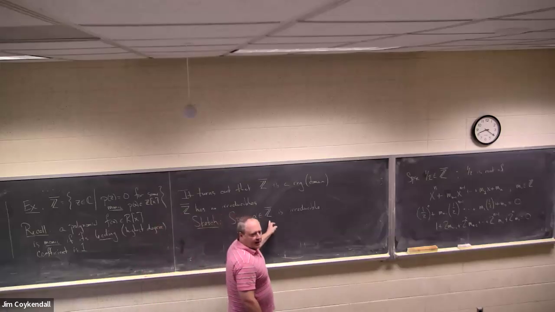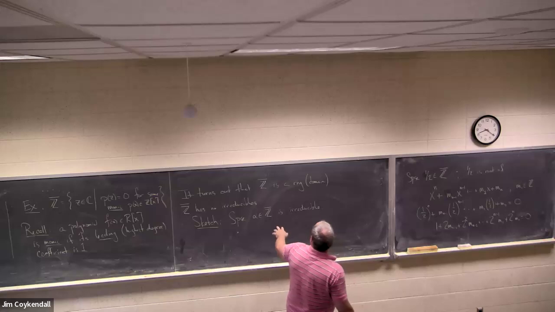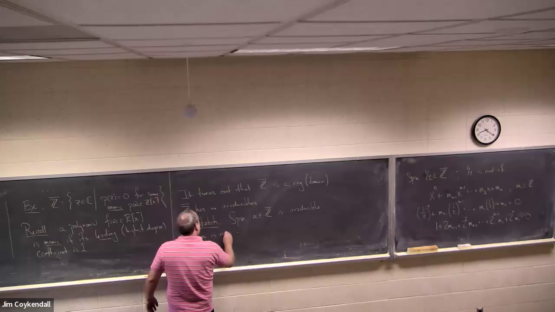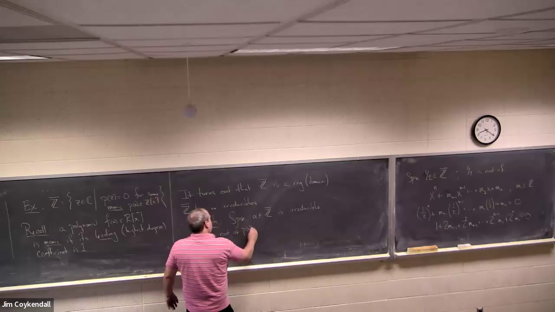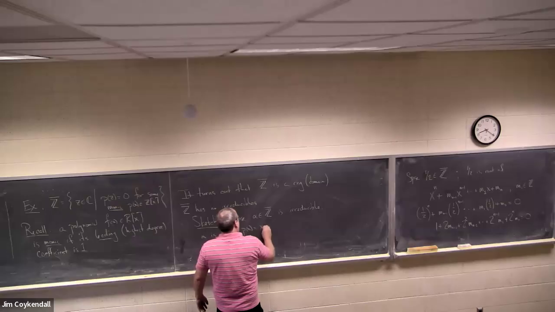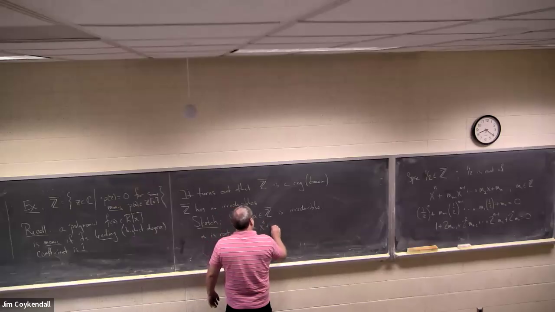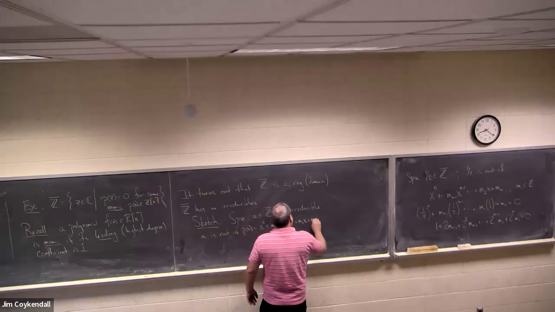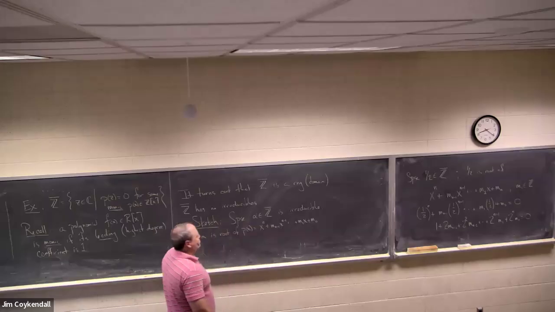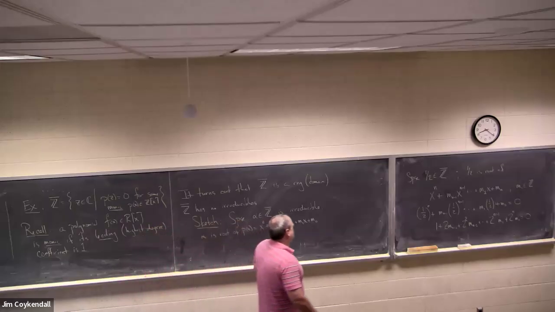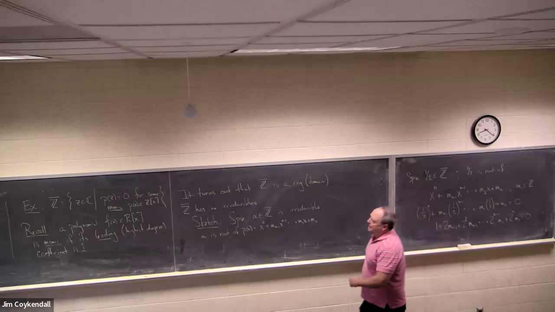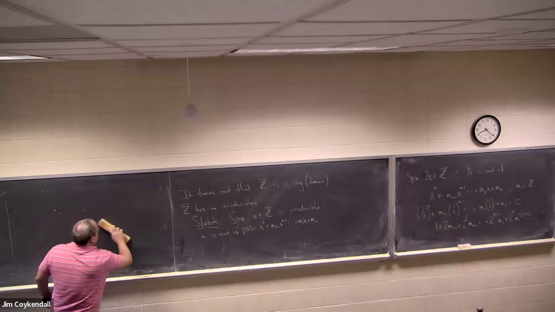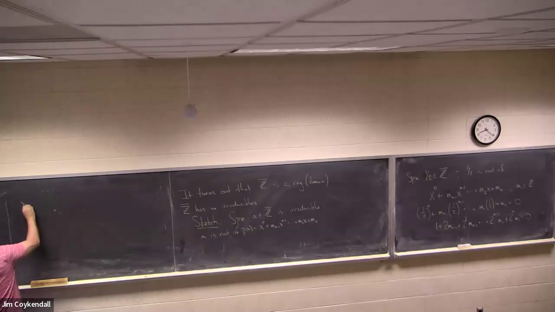Let's suppose that alpha is an irreducible. Well, since alpha lives in here, one thing I know is that alpha is the root of that thing.